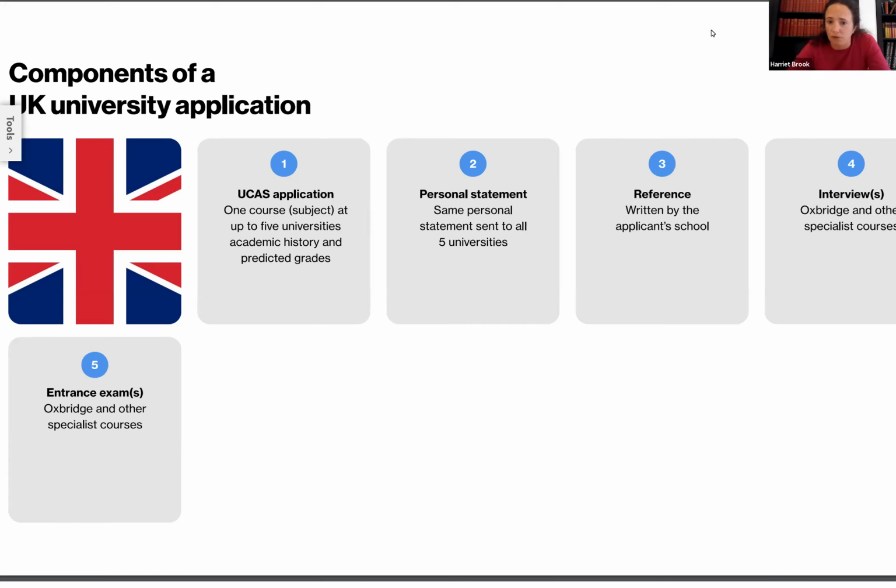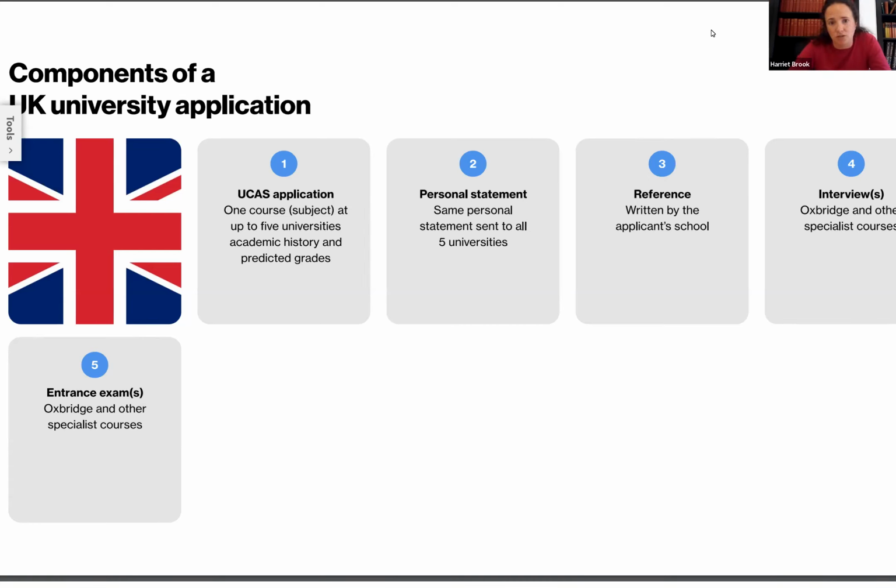You will put your academic history in there. You will put your key details like your name, address, and all of those sorts of things. And then one of the only areas within that UCAS account where you get to express yourself and why you want to study this degree choice is in your personal statement.